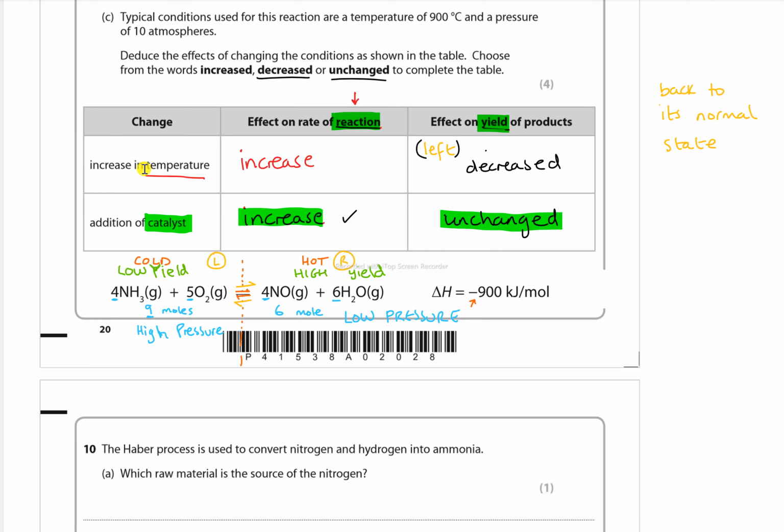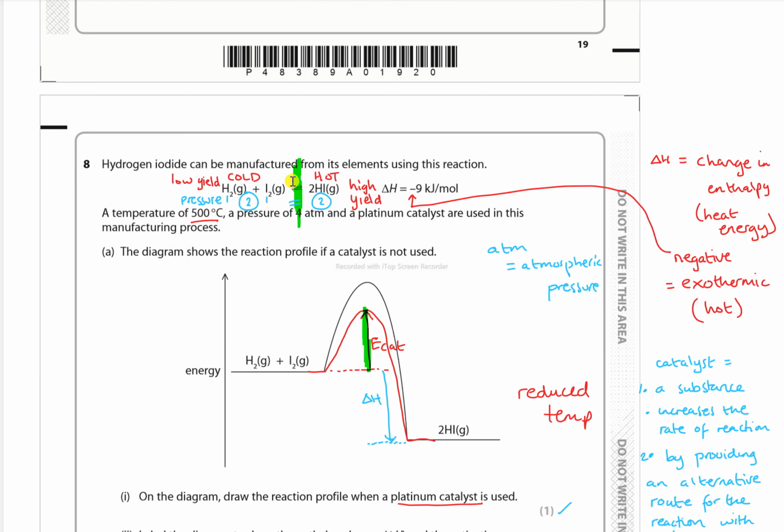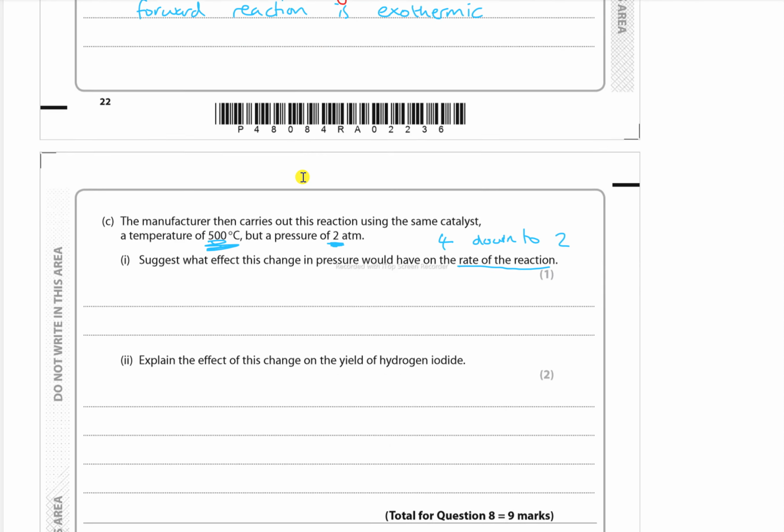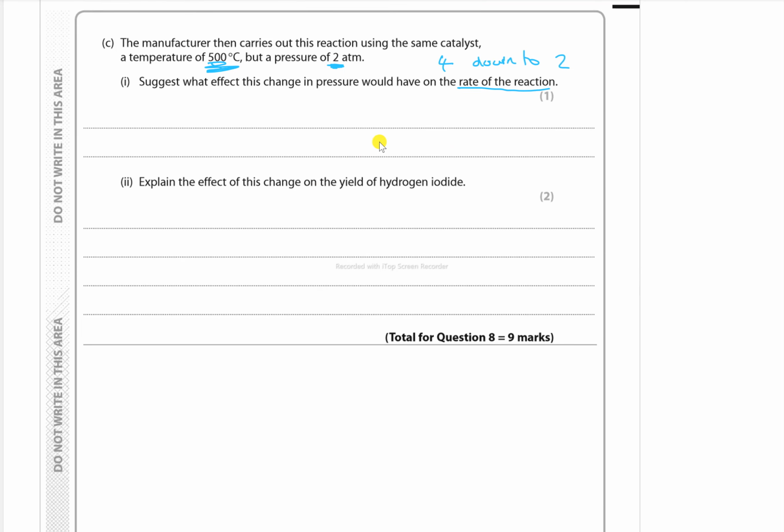And really what we should do is add another row to this to show the pressure. Okay, let's go back down. So if you reduce the pressure, the rate of reaction decreases. It's not asking why.